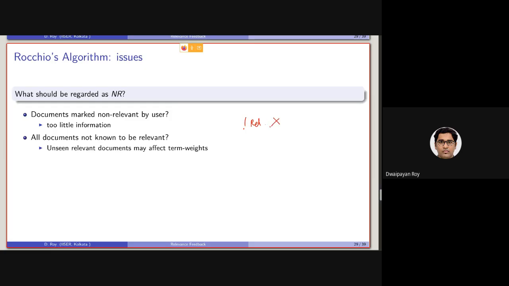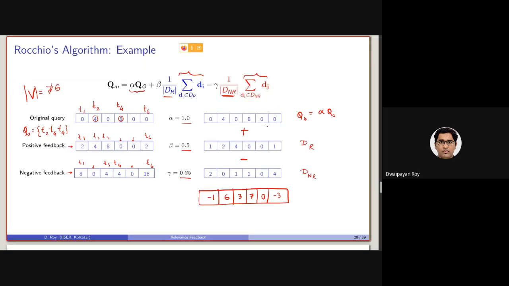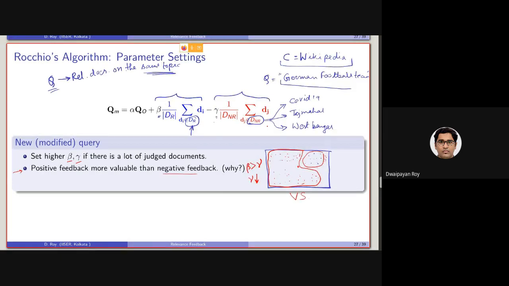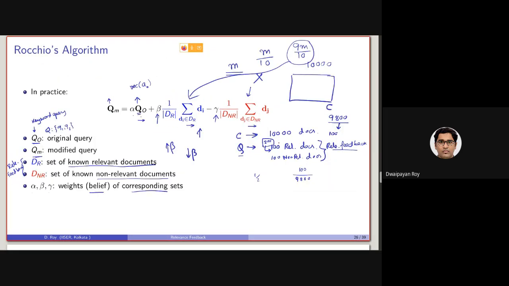This should also not be done, because, as we have said in this example, if we have only 100 non-relevant documents, but there are more relevant documents for the query, here in this case 200, then if we consider all the documents not marked as relevant to be non-relevant, 100 of the actual relevant documents will also be considered non-relevant.